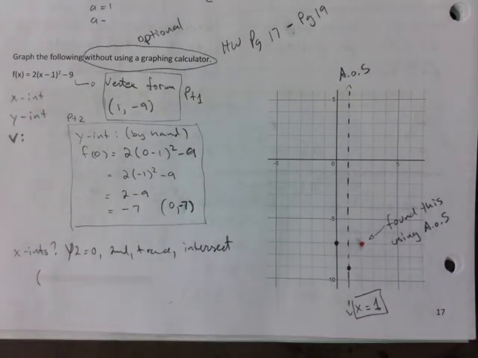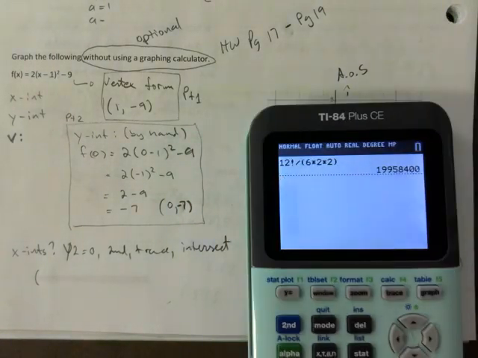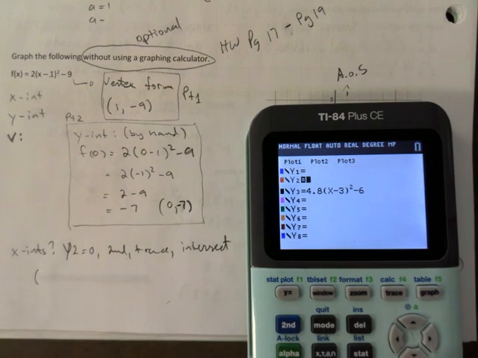I'm not sure. Let's go ahead and do that just to warm up for today. So if I asked you to do this without a graphing calculator, I would be okay with those 3 points. But because we have our TI, we're just going to go ahead and enter that.